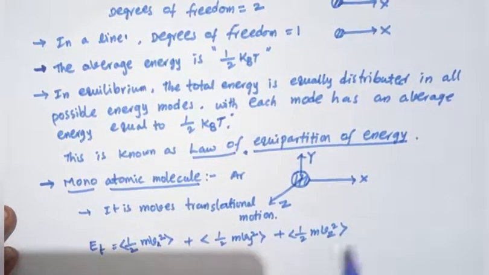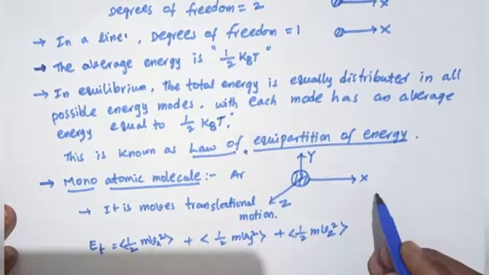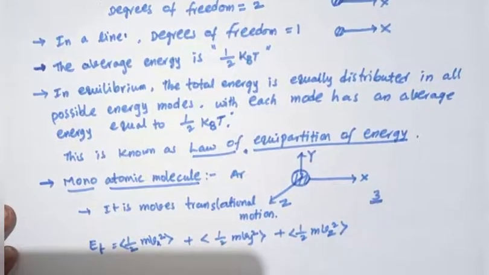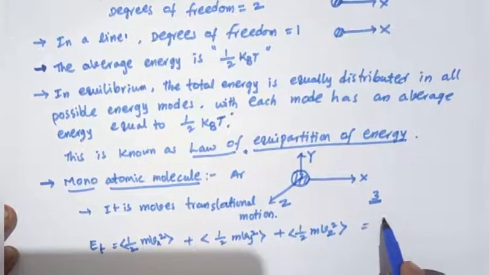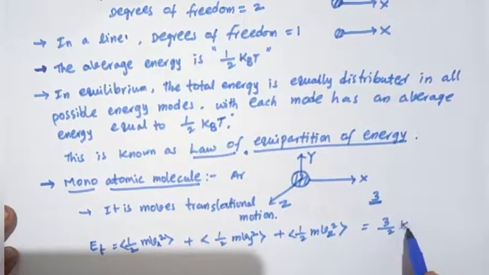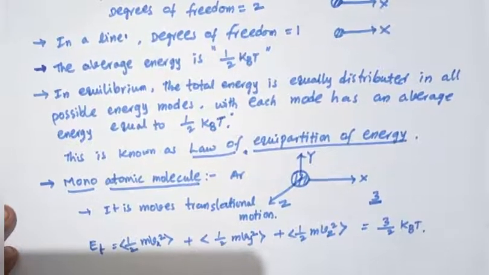How many degrees of freedom? The degrees of freedom is 3. So it has 3 by 2 kBT.